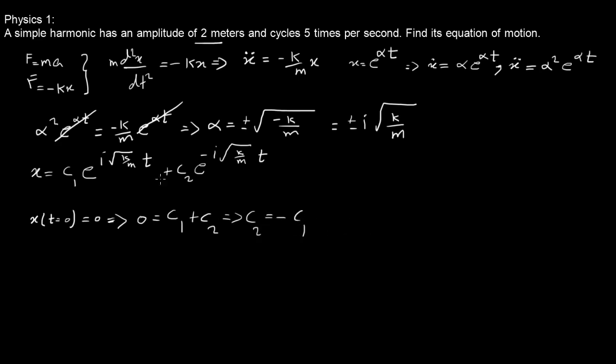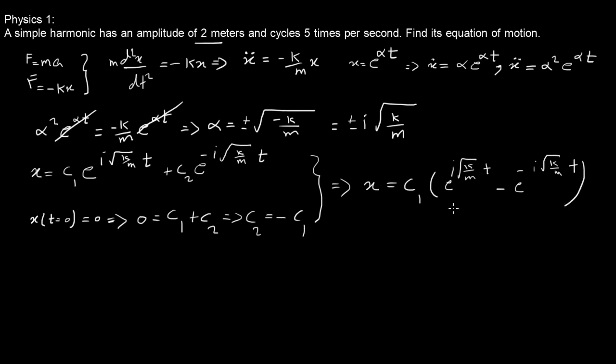So let's now put this back into x equals c1 e to i square root of k over m t, minus, because c2 is minus c1, e to minus i square root of k over m t. Now this is a familiar equation.